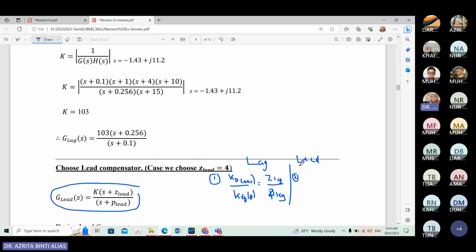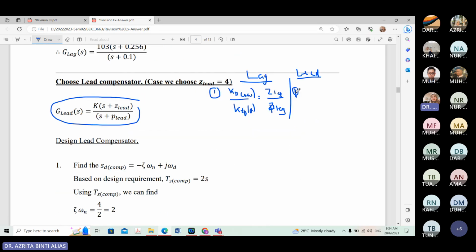Okay, but for the lead compensator, the first thing that you need to find is the s_d compensated.